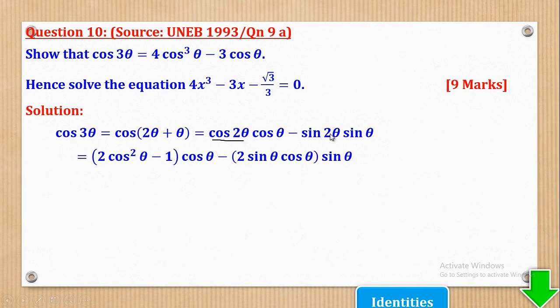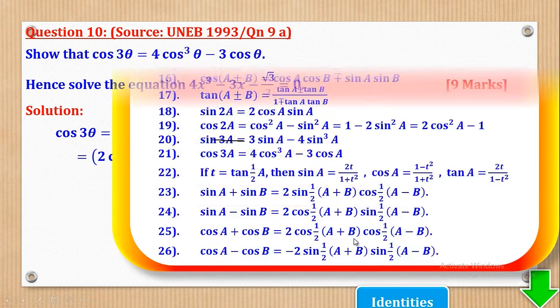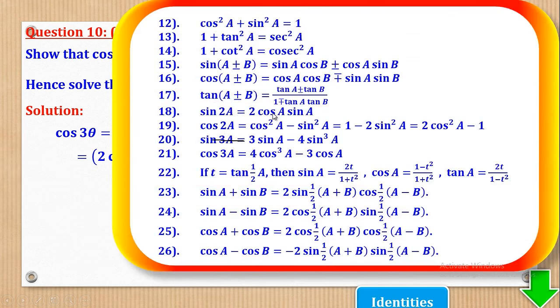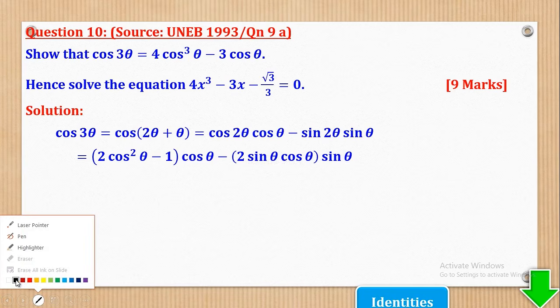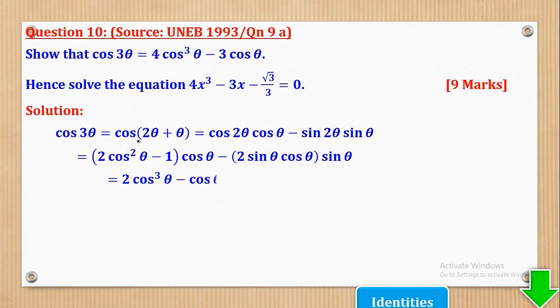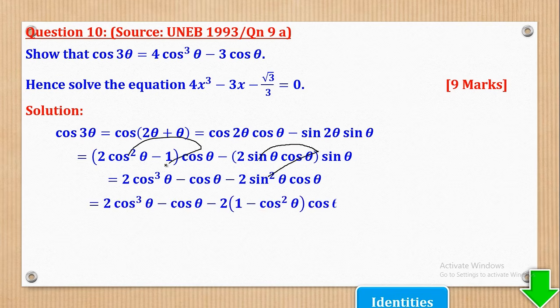Then for sin 2 theta, we saw that it is equal to 2 cos A sin A. So here it will be 2 sin theta cos theta. So after that we shall open brackets, and when we open brackets we shall come up with that. So sin and sin gives you sin squared, and this one with this gives you cos cubed. 1 by this gives you that.